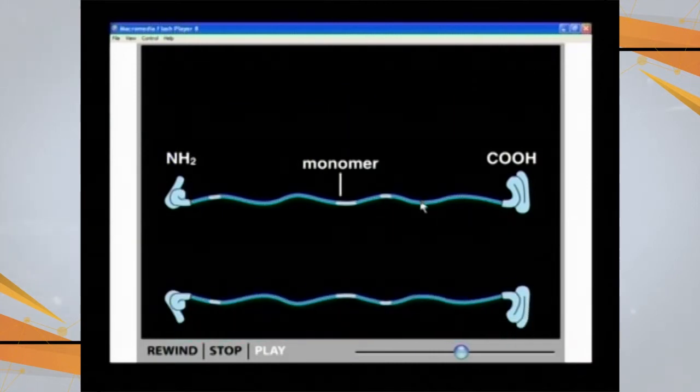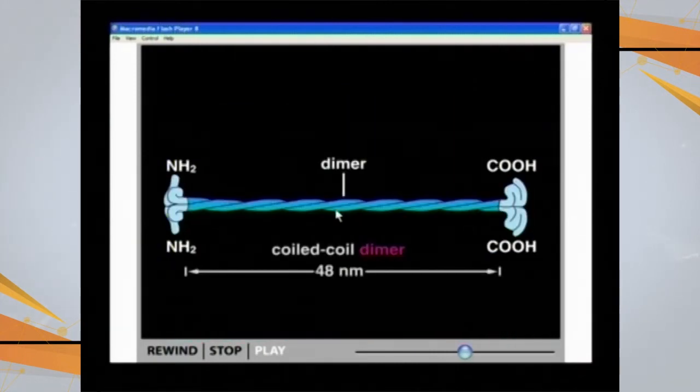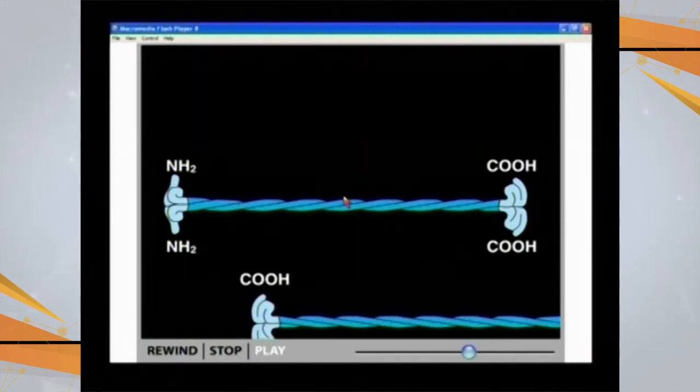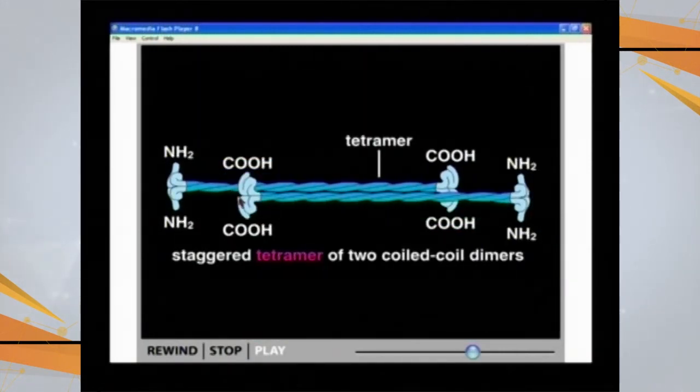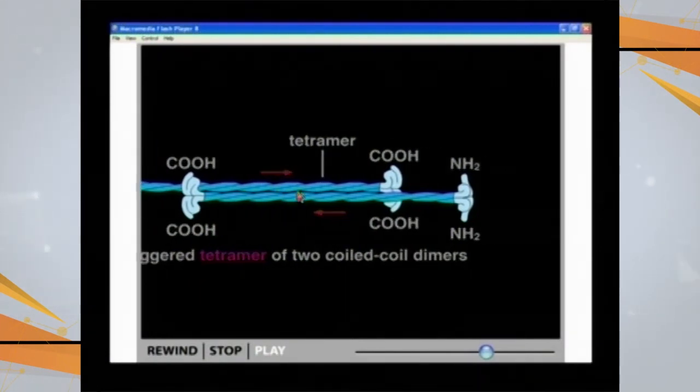This is one polypeptide chain, the monomer. Two of these combine together to give us the dimer in the form of a rope-like structure. Another dimer attaches to the first dimer to give us a tetramer made up of two coiled dimers, and they provide the strength.